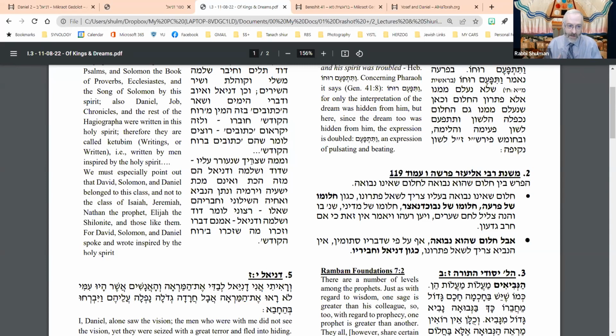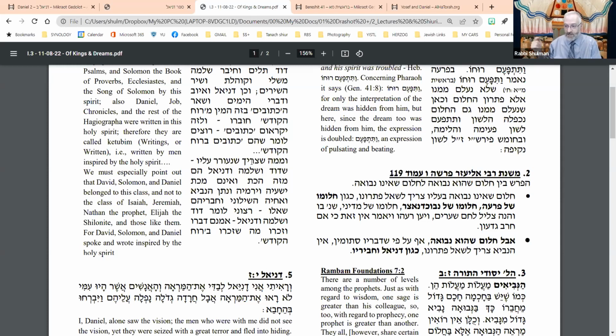Why are they not Nevi'im? They could be Nevi'im in a different context, in a different world. Daniel, had he been born a couple of generations earlier in the land of Israel with the Beit HaMikdash functioning, it's possible that he could have been a Navi. But that wasn't the reality. He was a young child who grew up in Bavel. There's a famous comment of the Kuzari, who says that you can't have prophecy in Chutz La'aretz, outside of Israel, unless you started as a prophet in Israel.